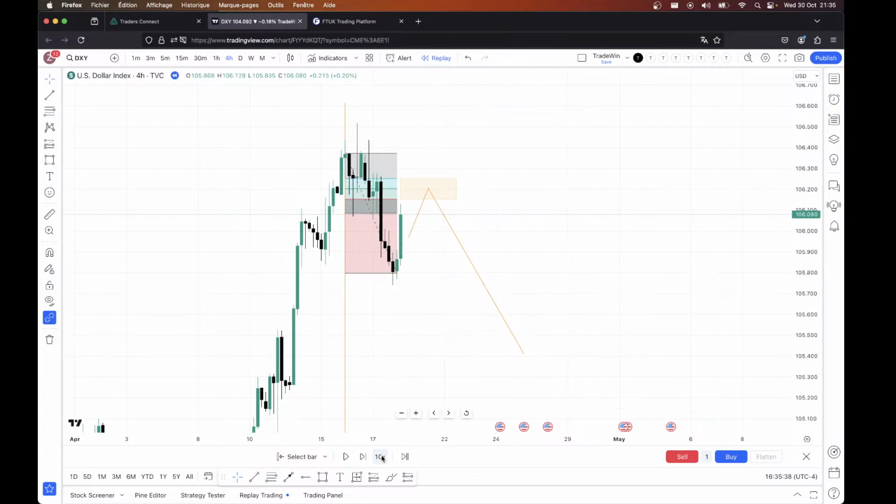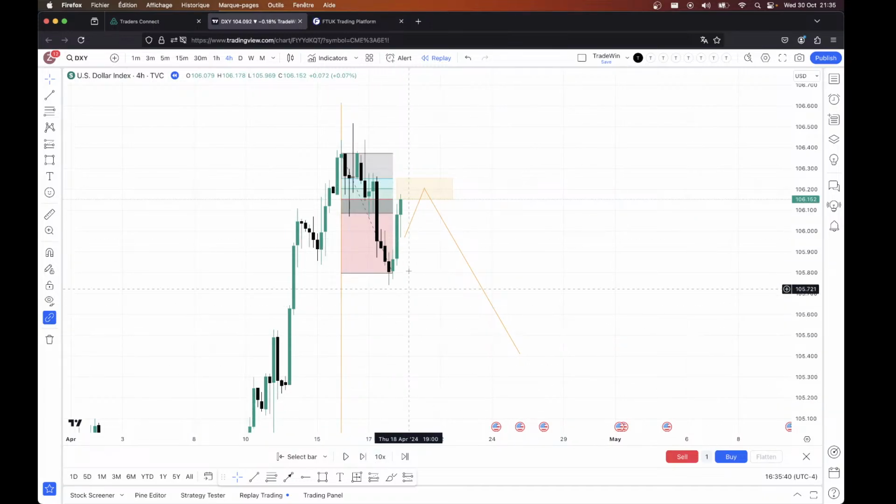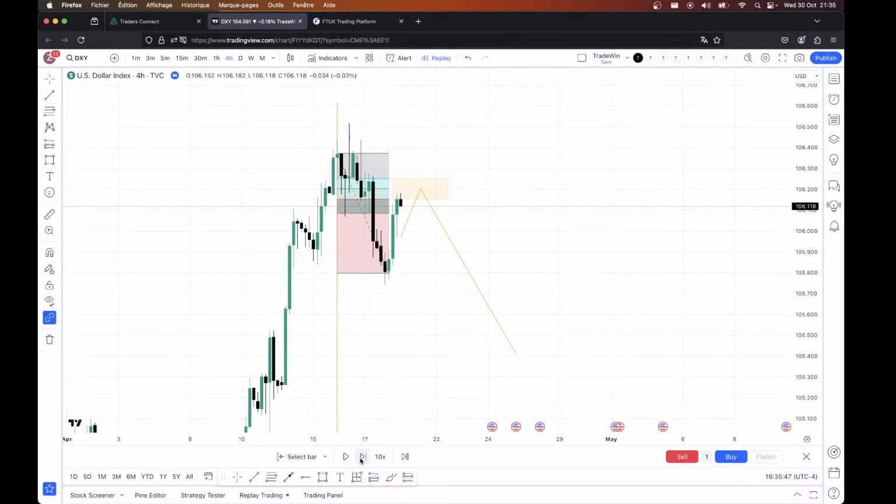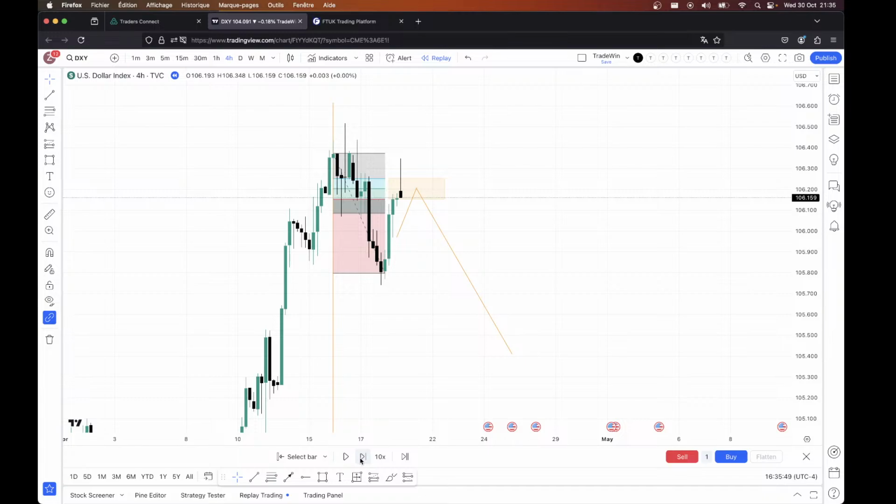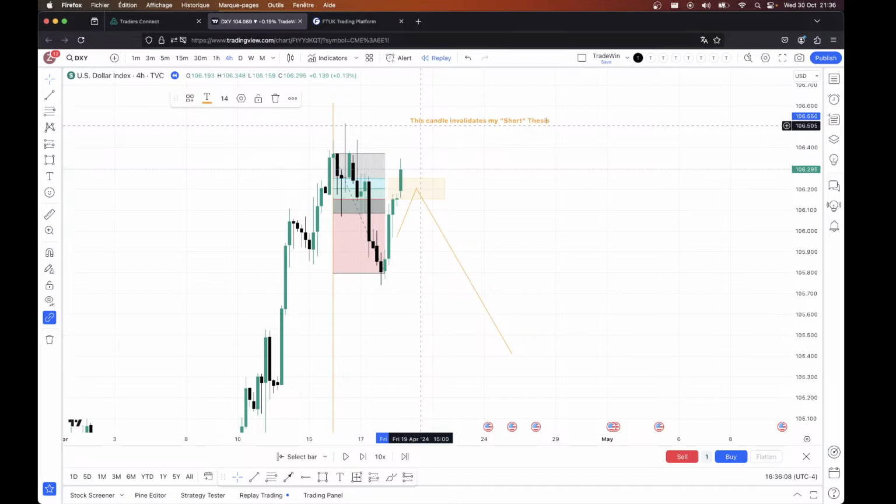So let's see what happens. I'm continuing. Oh, okay, we can see here price getting into the zone. Let's see how it reacts to it. Okay, we breached the zone and we closed above that. Do you see that? This candle immediately invalidates my short thesis.